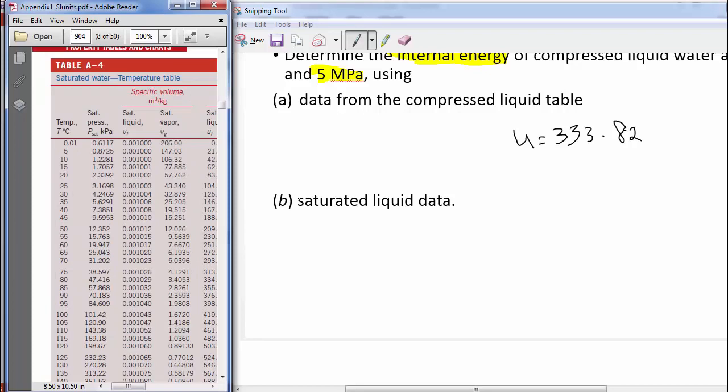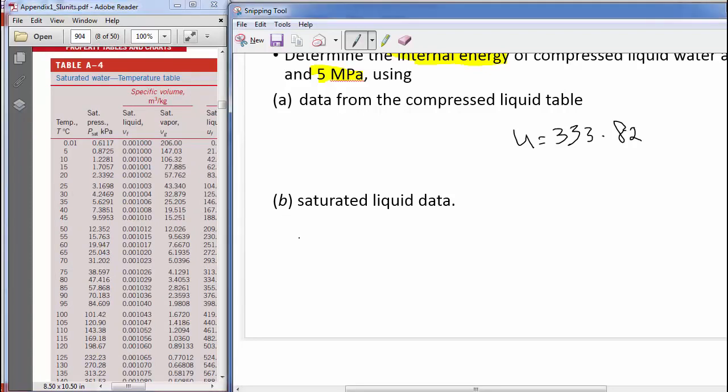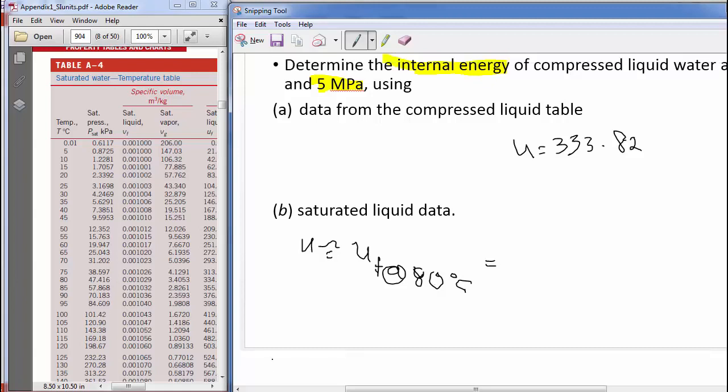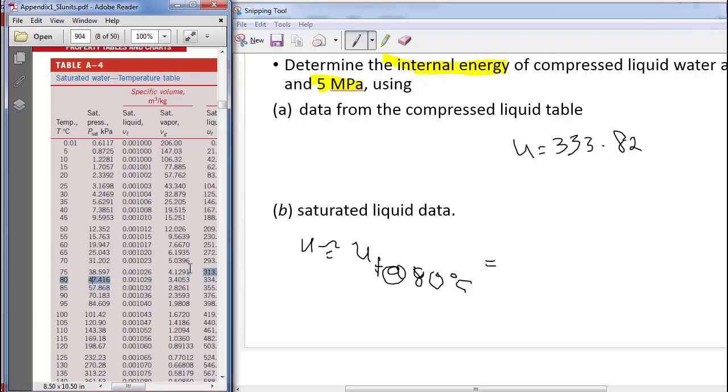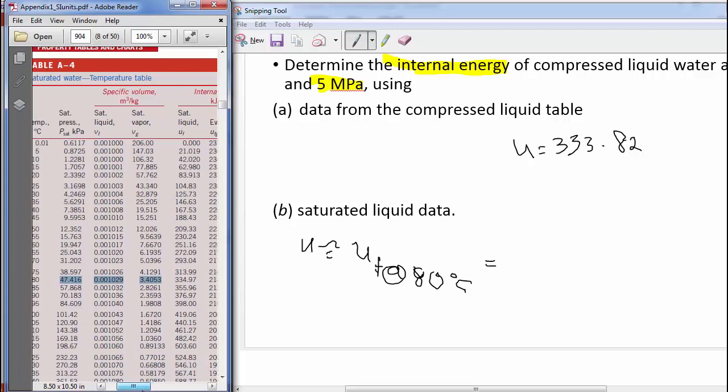But for compressed liquid, you can make an assumption where the internal energy is approximately equal to the internal energy of the saturated liquid at your temperature, which is 80 degrees Celsius. You can only make this assumption if this is a compressed liquid. So you go to table A4 here and find the internal energy, which is 334.97.